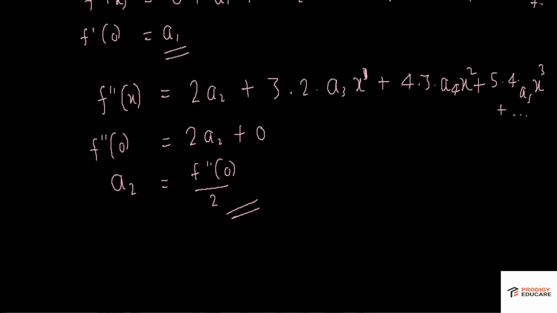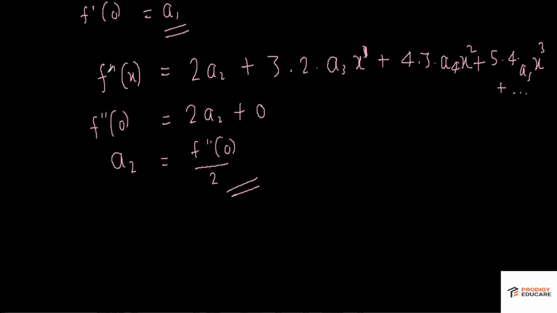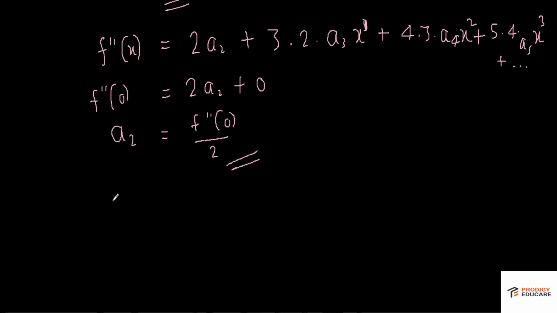Now I'll find a3. To find a3, I'll again differentiate this function. So in that case, I'll get f triple dash of x as, since this is a constant, it will vanish. So we'll get a 0 here plus this term. I have to write 3 times 2 times 1 actually to show differentiation.